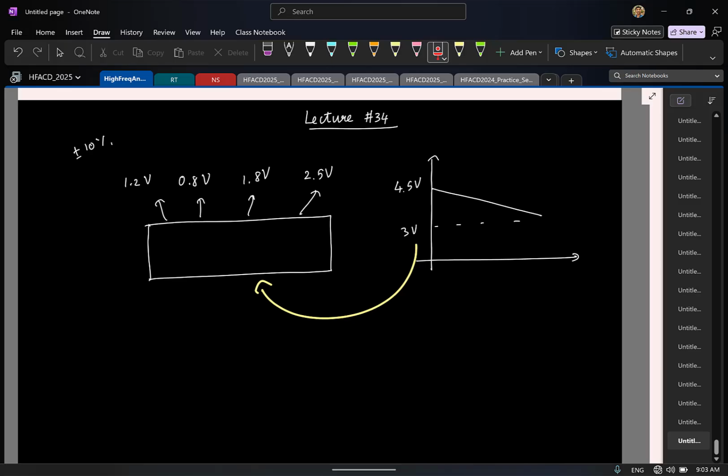Yeah, essentially you first sense the output, right? And you compare a scaled version of the output with some other quantity, and that can be an input signal or a reference signal, right? So for this negative feedback system to work, you need some block which generates a reference voltage that can be used for comparison. Let me call this the on-chip reference.